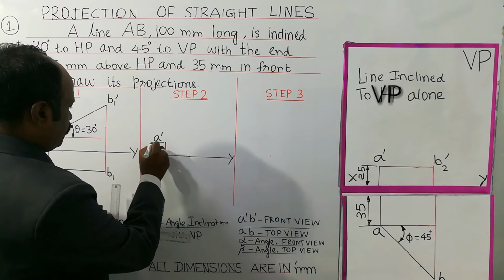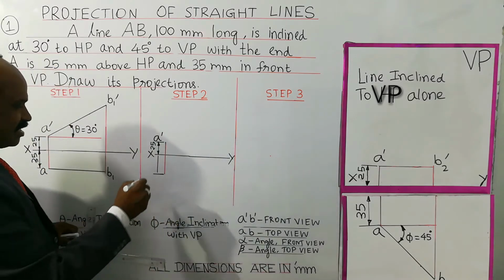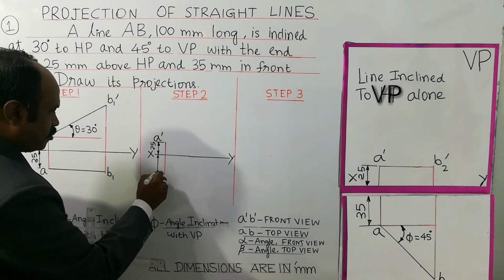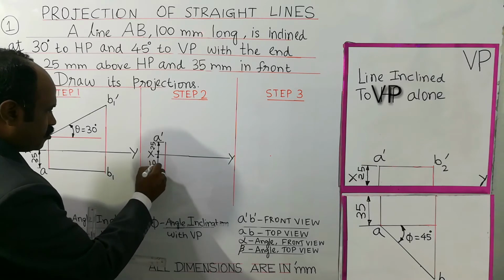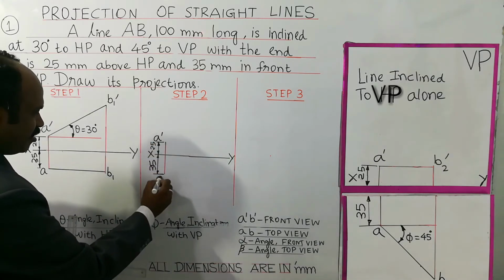The 35 mm in front of VP, that distance will always come below the XY line. That I have to remember. And this is point A dash and this is point A.